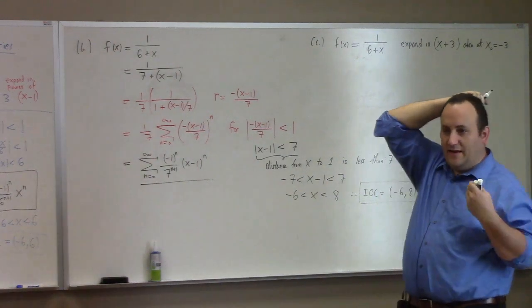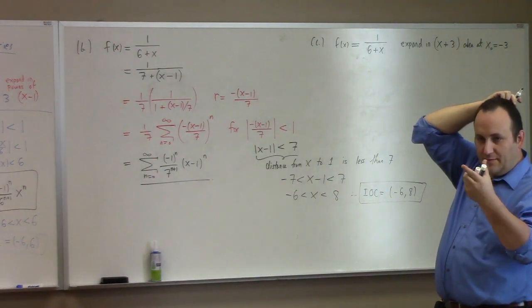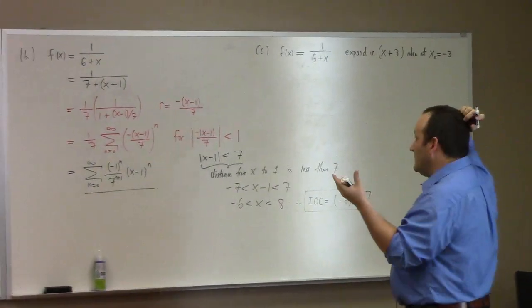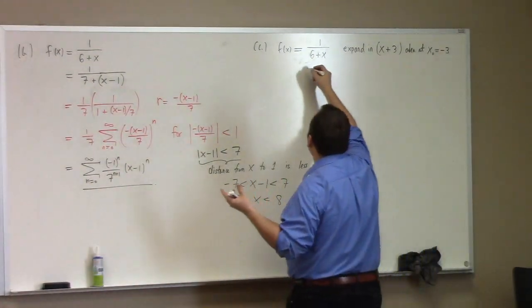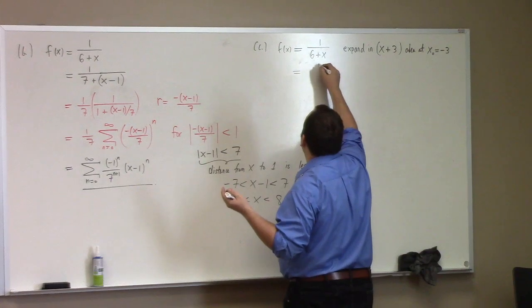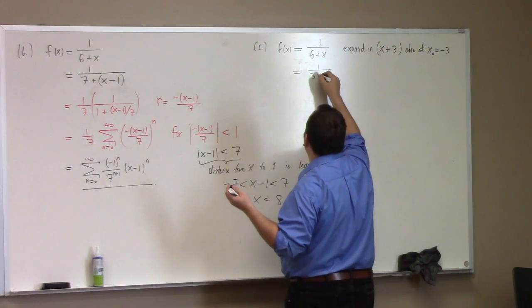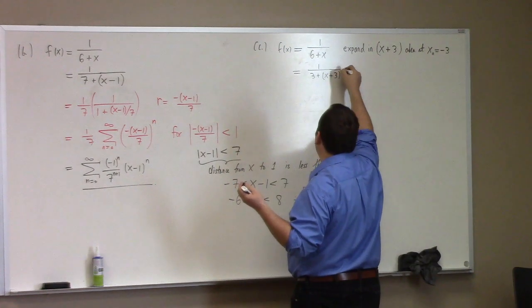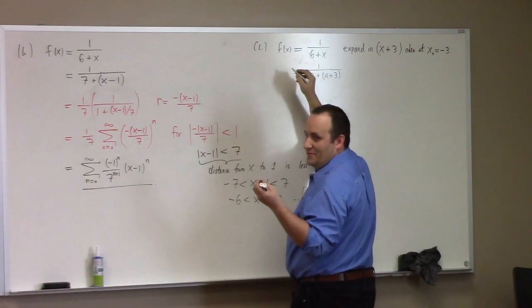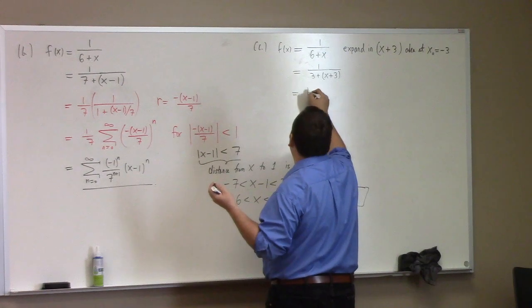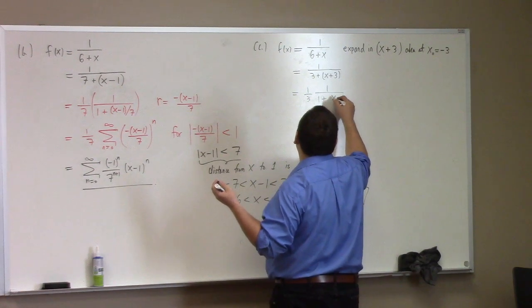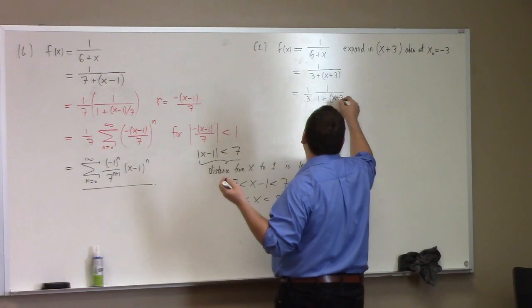So if you're expanding at minus 3, that means you're looking for x plus 3 powers in your power series. So this is 1 over 3 plus parentheses x plus 3, right? Well, this is like all 3's all the time. Look at this. So we factor out a third. And then we get 1 plus x over 3.